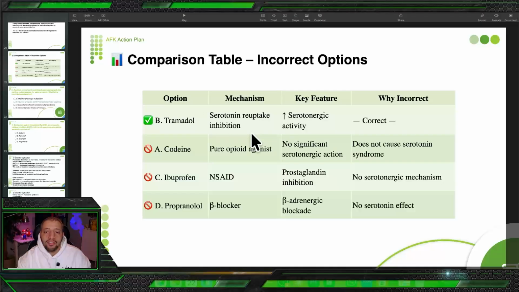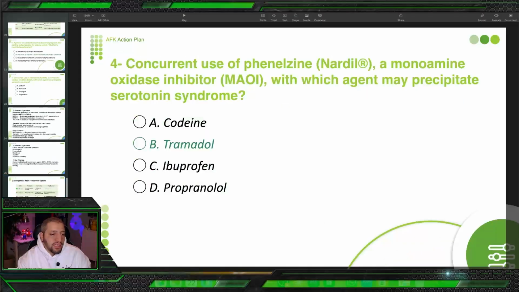Tramadol, serotonin reuptake inhibition, which is the correct answer. Codeine, a pure opioid agonist. We don't have a specific significant serotonin action here, so it's not a huge interaction. Ibuprofen, NSAID, prostaglandin, nothing. Propranolol, a beta blocker, has no serotonin effect. So this leads to tramadol being the correct answer.